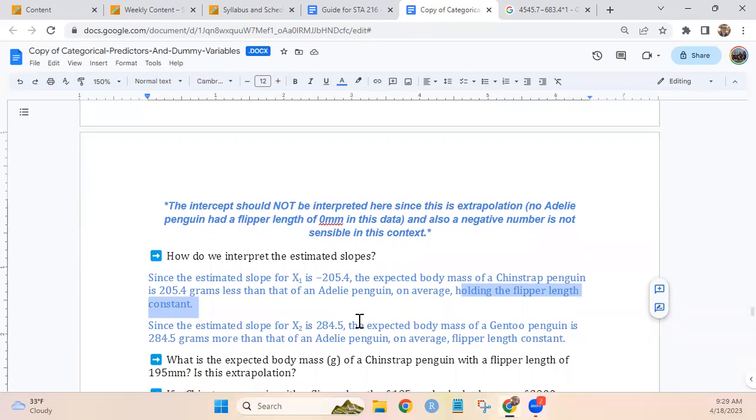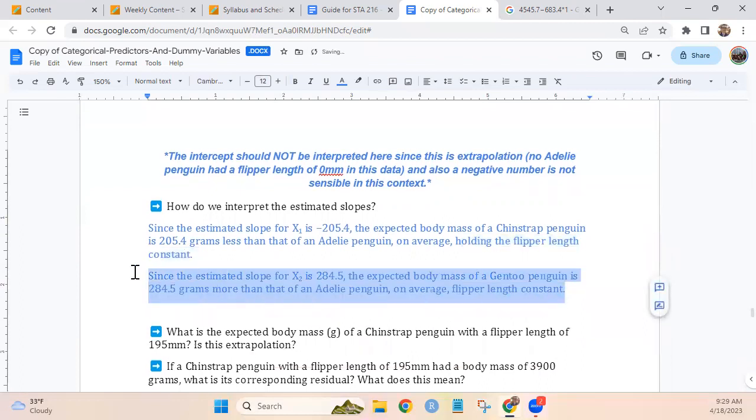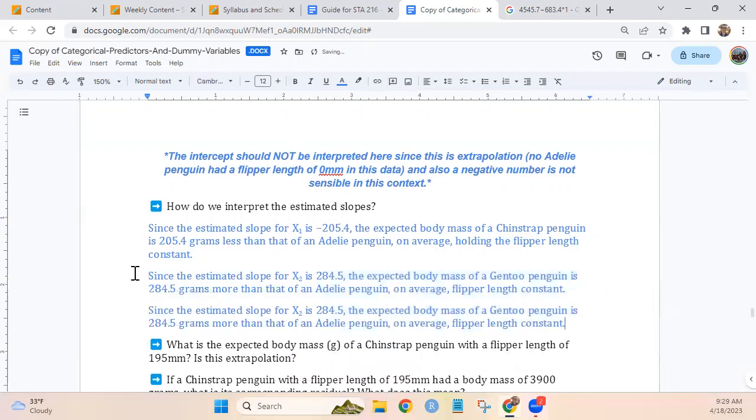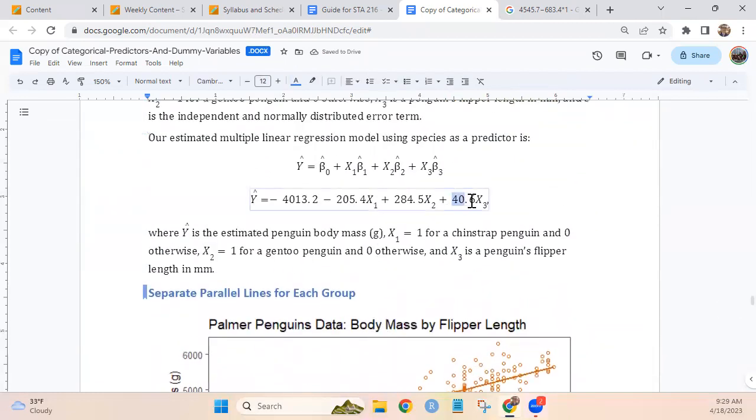Or in this case, we're interested in describing the effect of the species of the penguin, not so much how the flipper lengths affect their body masses. And lastly, we can give the interpretation for x3. So x3 has a slope of 40.6.